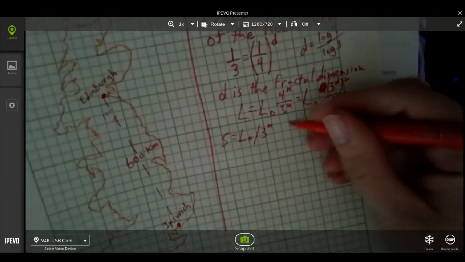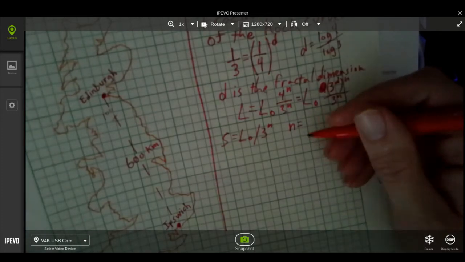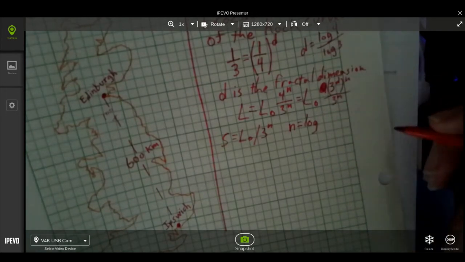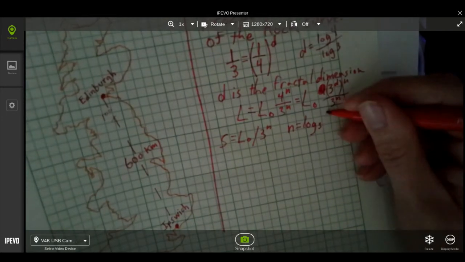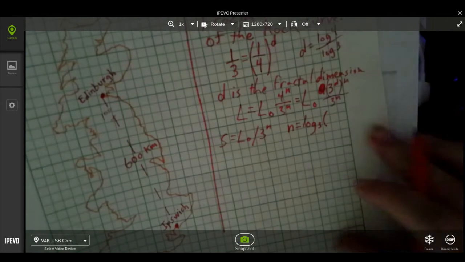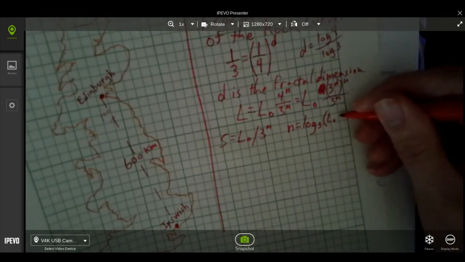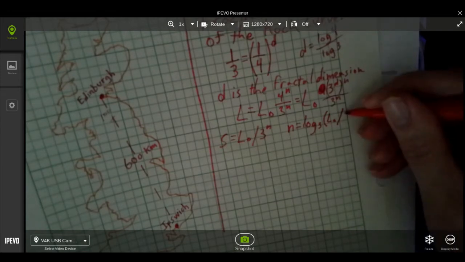That's just going to be n after some algebra. So n equals log base 3 of L naught divided by 6. I'm sorry, L naught, yeah. 18, let's see, or my new length is going to be 6, yes.